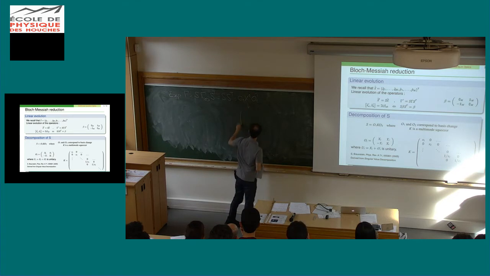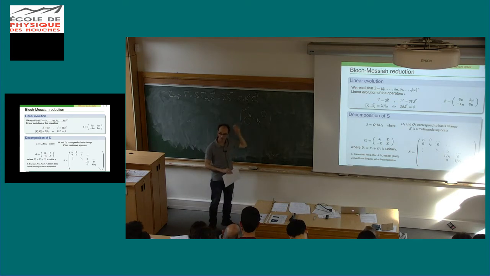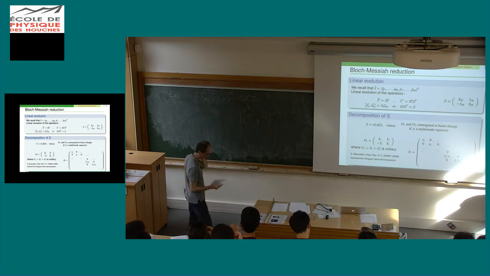This is a squeezing: Sn squared, S2 squared, 1 over S1 squared, and so on, and 0 everywhere. So this is a squeezing matrix, like the one we have seen this morning for a single mode, but now it's a squeezing for many modes, and a basis change. And the basis change is simply linear evolutions, like with beam splitters or phase shifters, and this kind of thing.